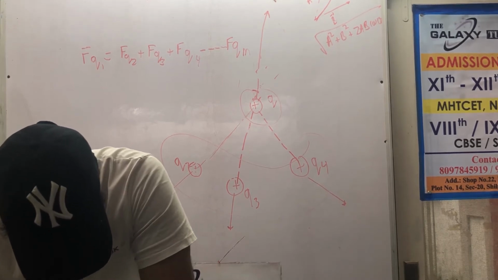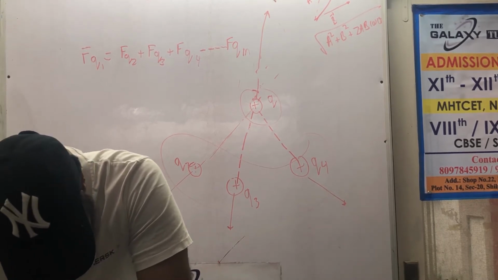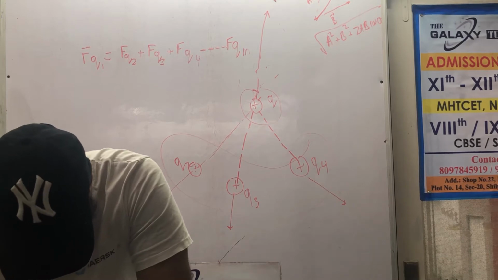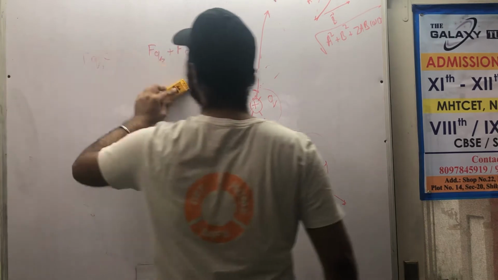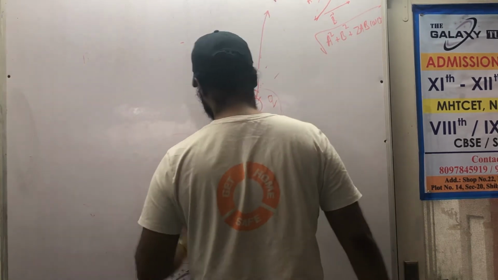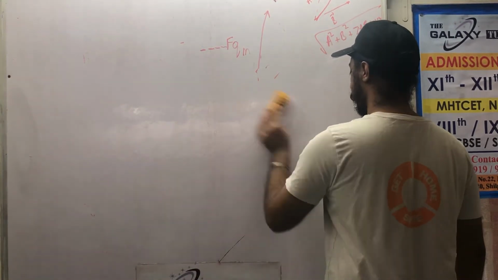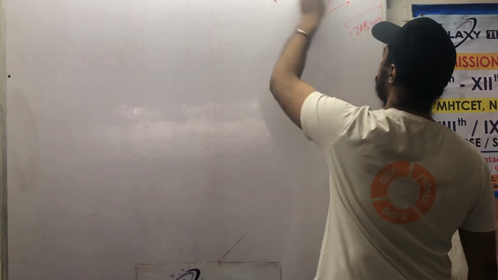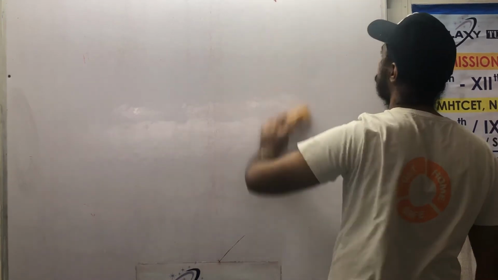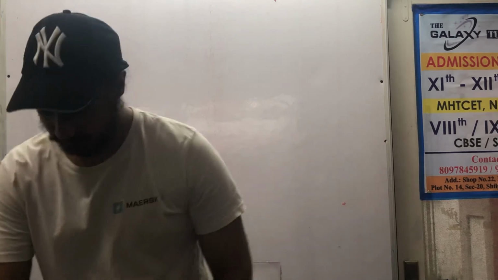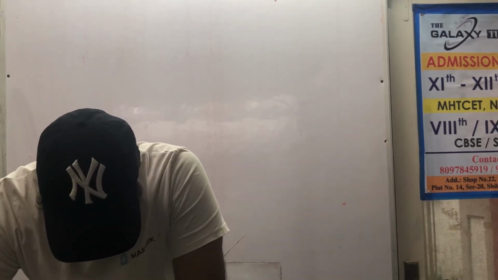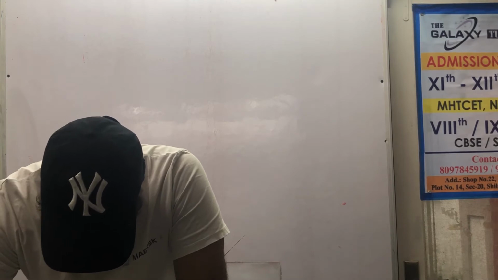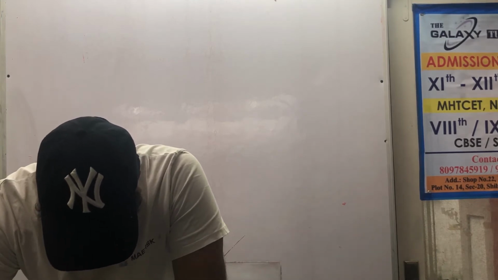We will do example number 10.4. It's given in your book. So let's start it. First we will rub this. The numerical is as follows: 3 charges of 2 microcoulomb.